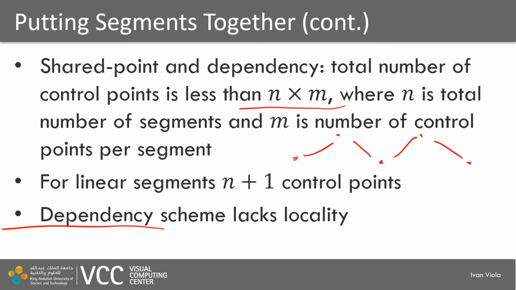So whatever we change on the curve, it will propagate throughout the curve to the rest of it, because we are defining the positions of points or curvatures or derivatives based on the previous segments. And once we change something in those previous segments, this information will be propagated to the further segments of our curve. Therefore, the dependency scheme is not local in general, and will propagate the changes throughout the curve.